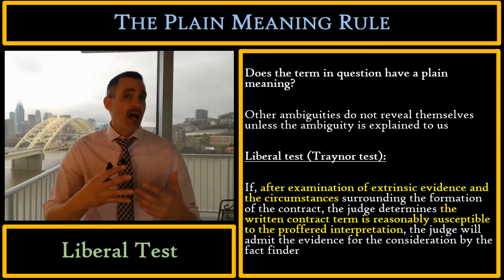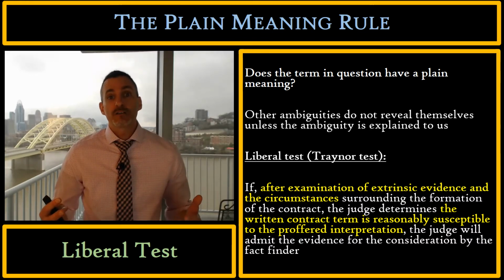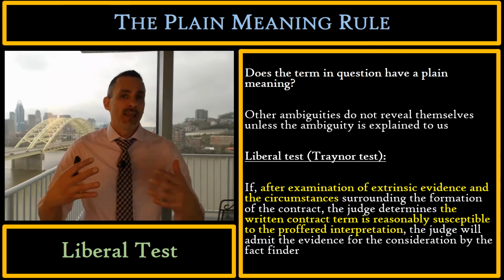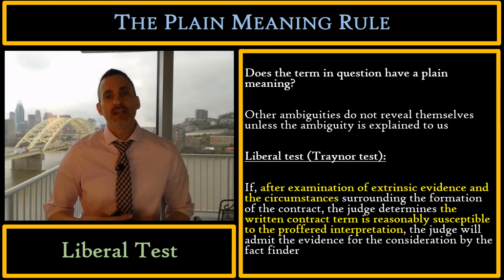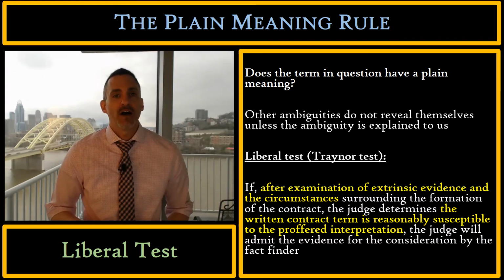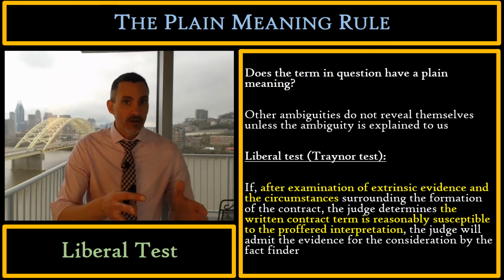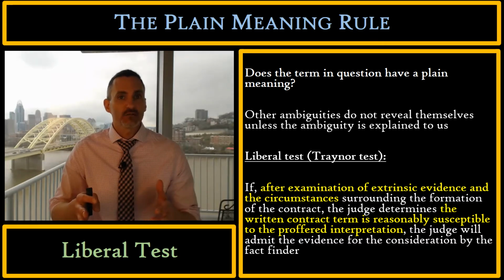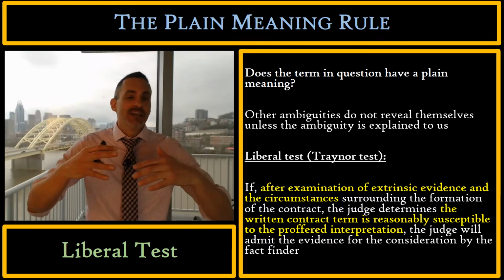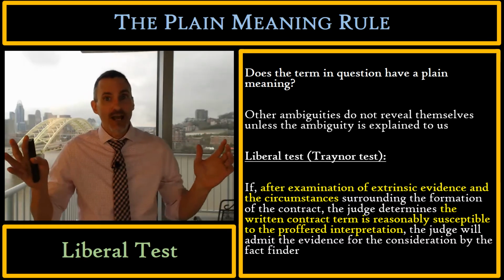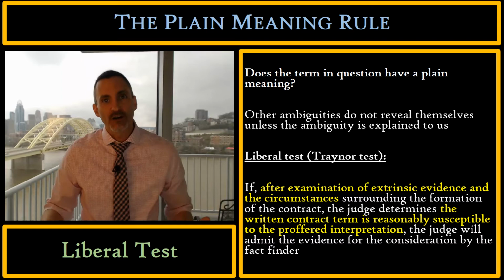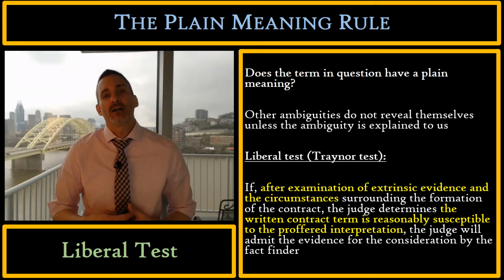Well, I call it the liberal test. You can maybe call it the Trainer test. It's very associated with a judge, Judge Trainer, and he was a proponent of this test. So if you call it the liberal test or the Trainer test, either is fine. And the test is, after examining the extrinsic evidence and the surrounding circumstances, the judge gets to look at the extrinsic evidence and the surrounding circumstances as well as the actual written contract to determine whether the contract is ambiguous.